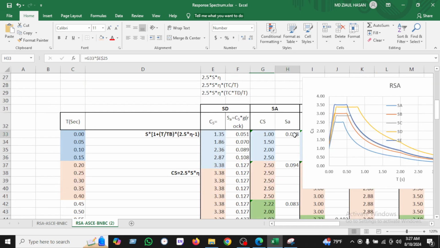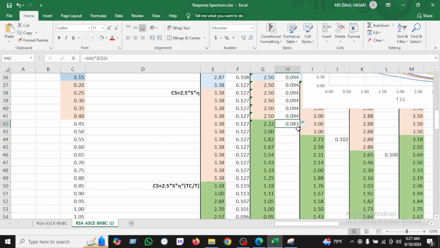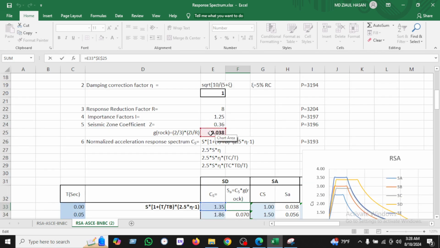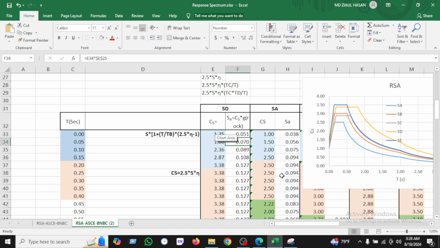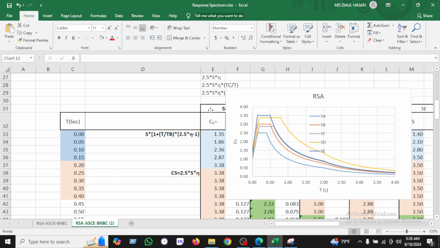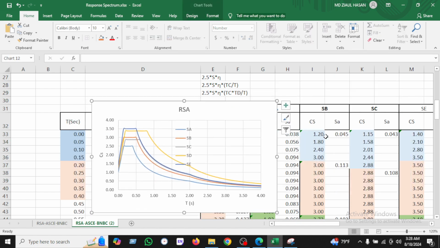And in the same way you can use it for the second SA. So here you can see the first cell and this cell PGA multiplied and found this value. There is nothing new here.